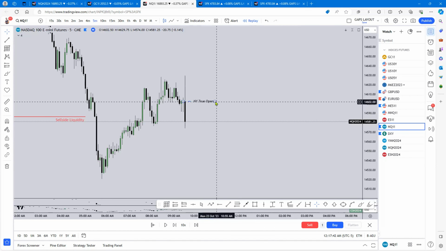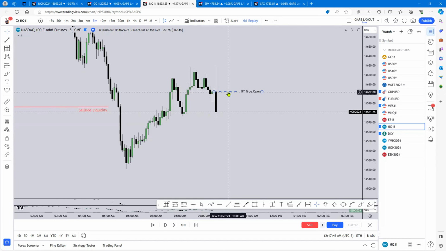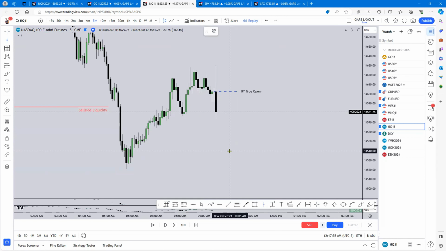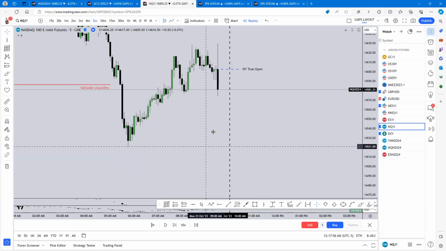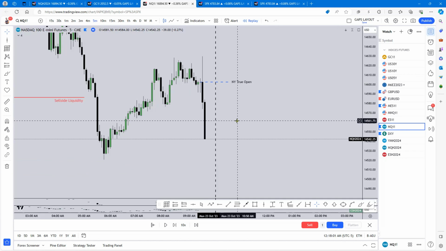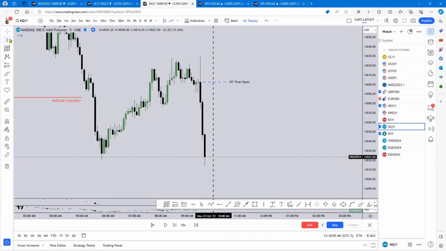Typically from 9:30 to 10 o'clock, we will get a Judas swing. If we play price forward, we then take out this low.